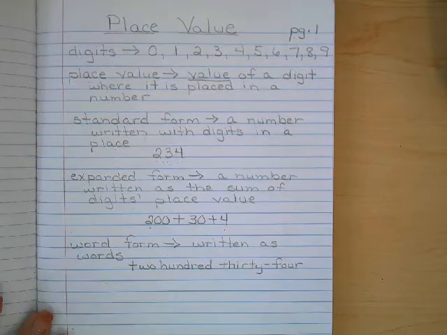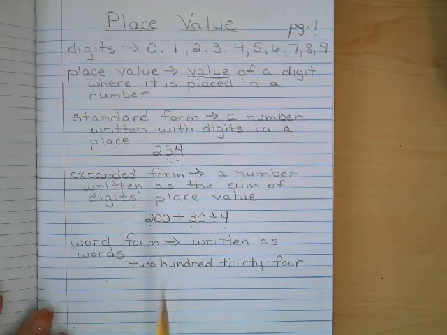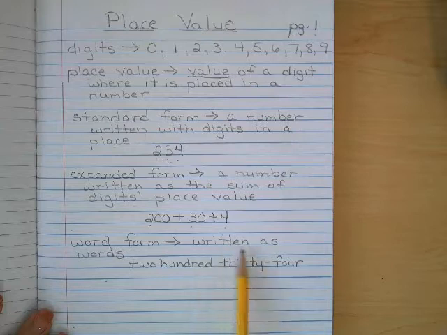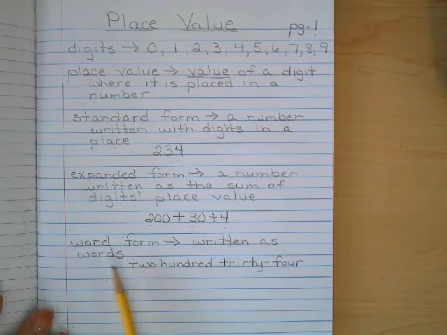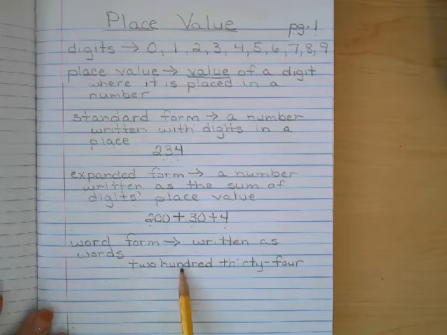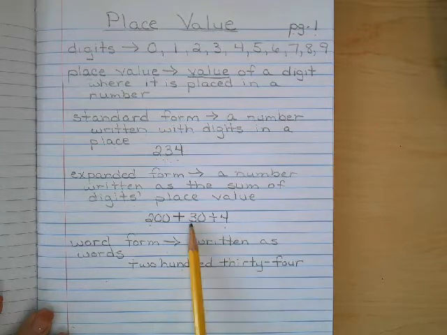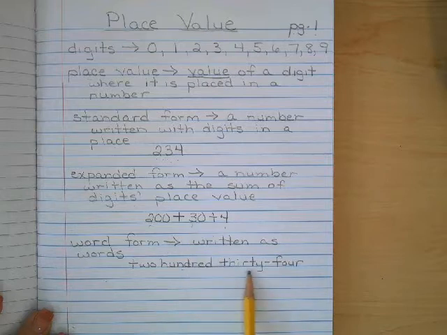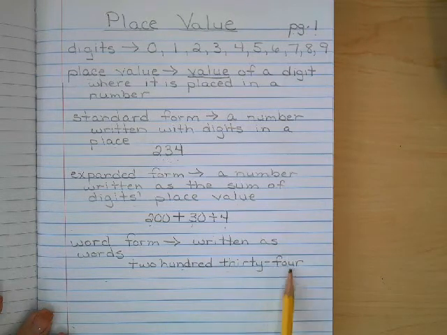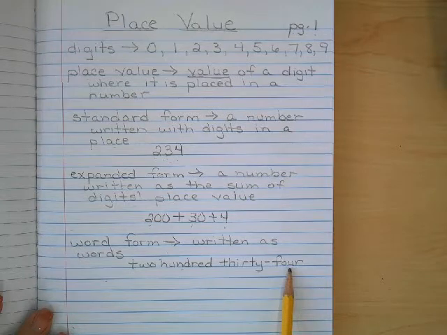Then when we talk about word form, we're using a written form as words to write our numbers. So again, we have 200. The 30 will be written as a word 30, and then we have 4 written out as 4.